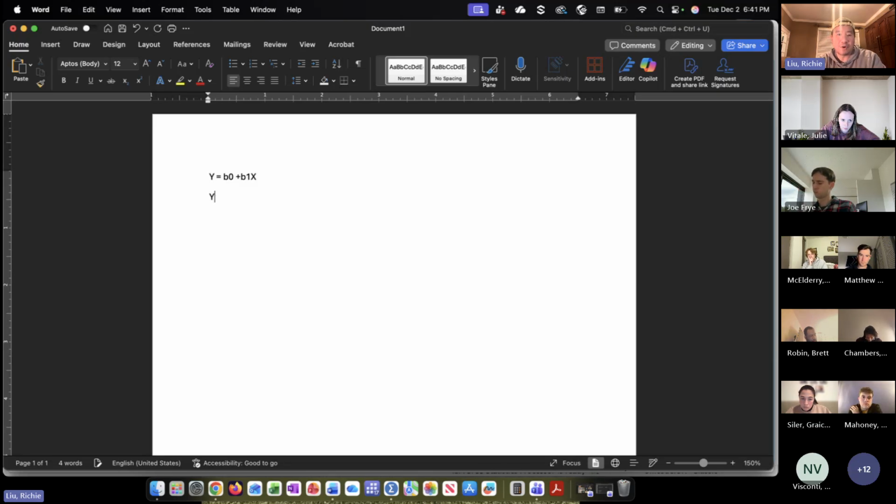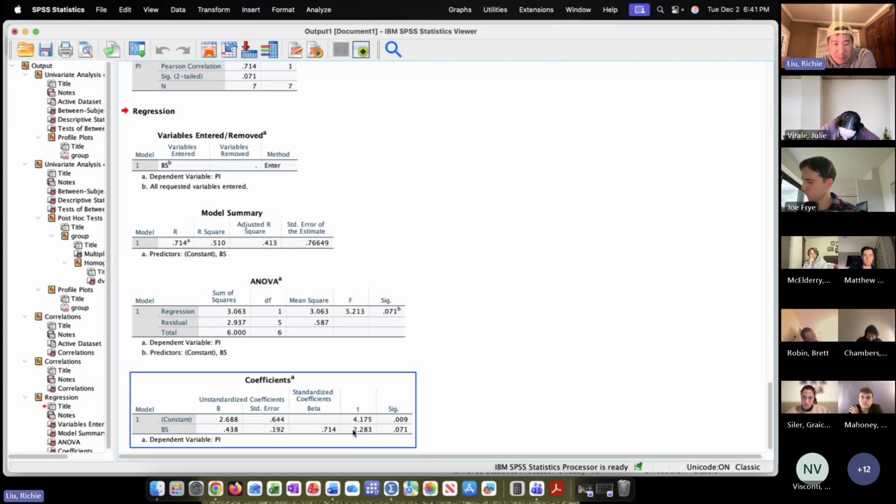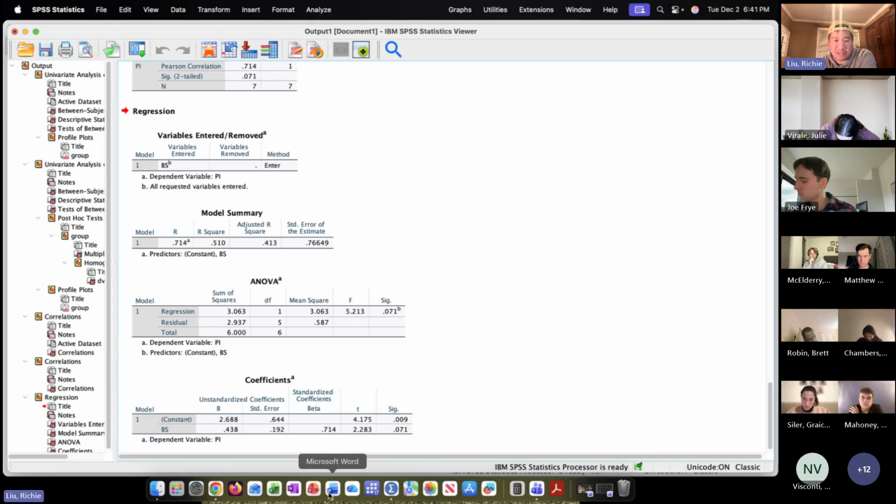So then we're going to go ahead and go y equals, in this case, y is actual purchase intention, right? And then our y-intercept from our output is 2.688. I don't care if it's significant or not. You're going to include that in the equation because that is where the line crosses the y-axis. Okay, so we need that for the model.